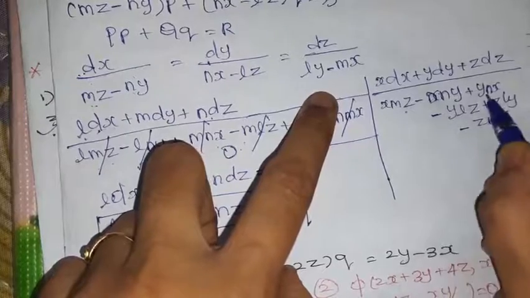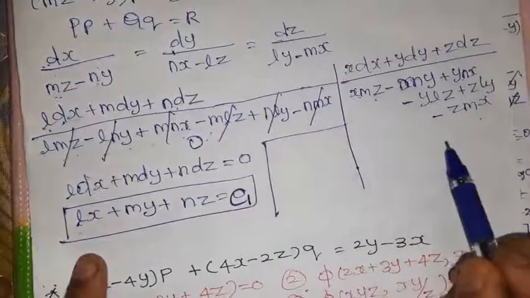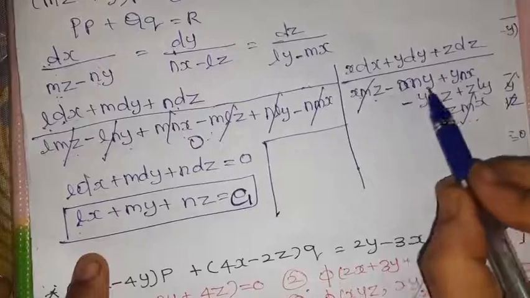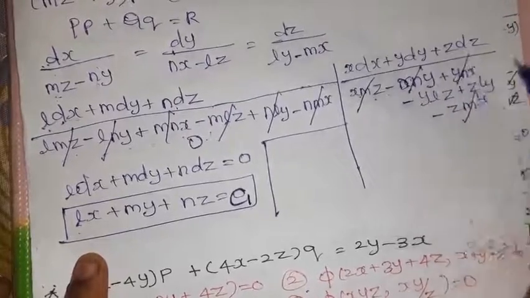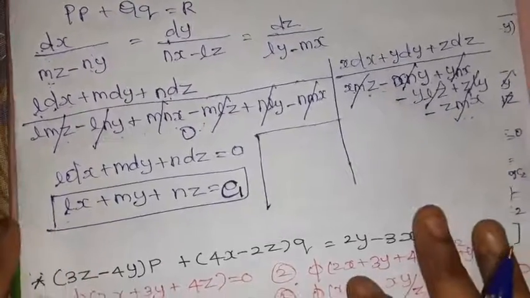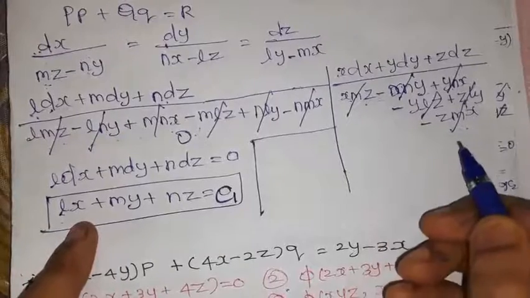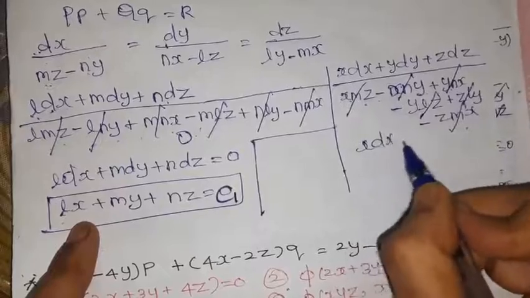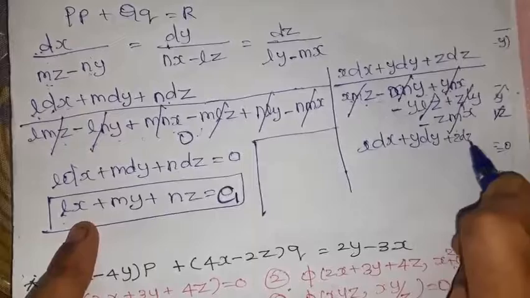We'll see xmz and zmx, the same thing. So minus xny plus ynx, same thing, get cancelled. ylz and zly, the same thing, plus minus get cancelled, right. So in denominator we are getting 0, x dx plus y dy plus z dz equal to 0.